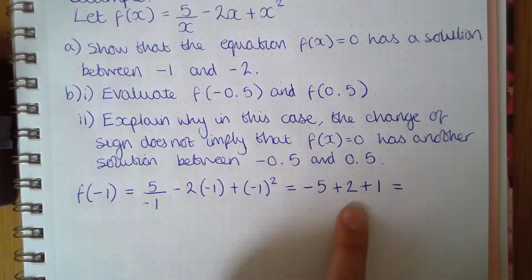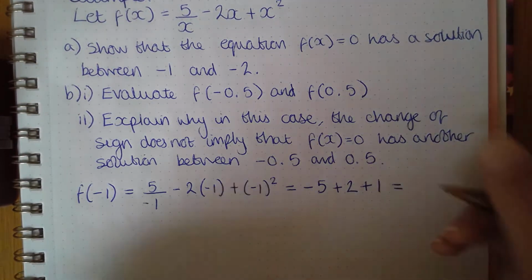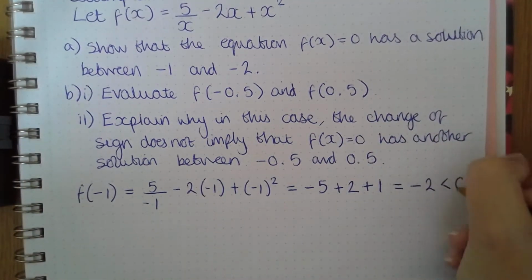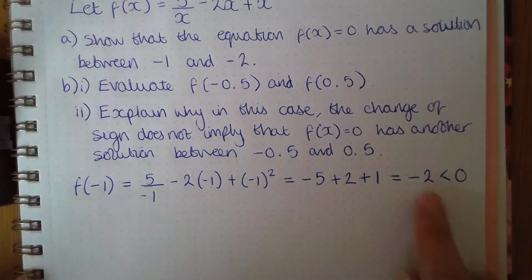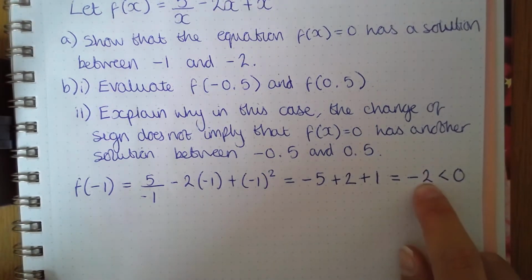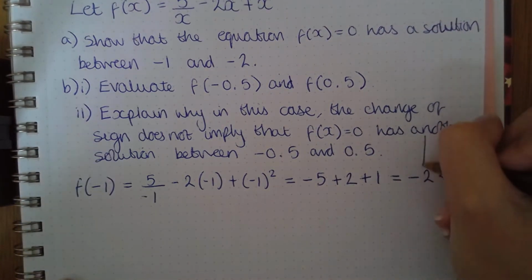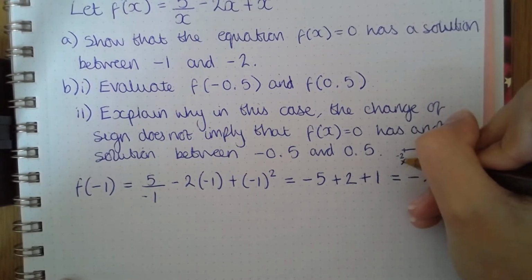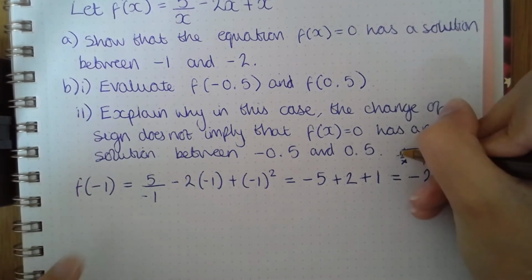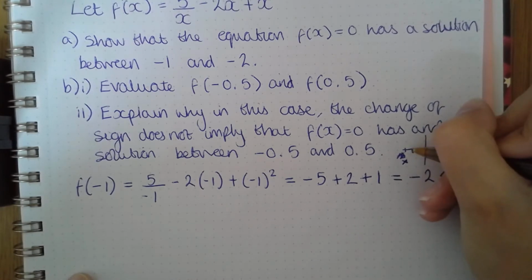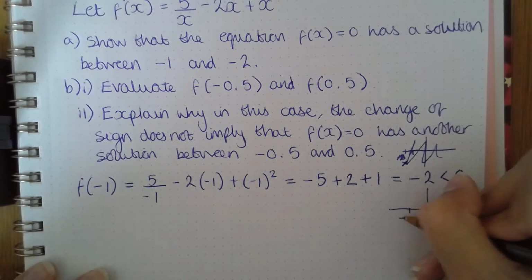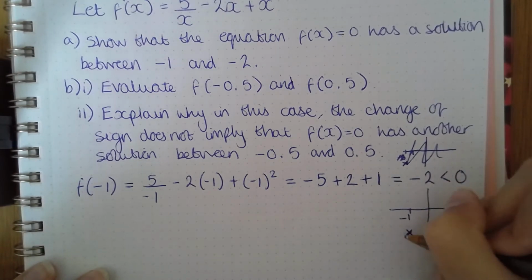So -5 plus 2 plus 1 is -2, which is less than 0. So that means at -1, I'm going to draw that graph again, at -1 it's down here at -2.